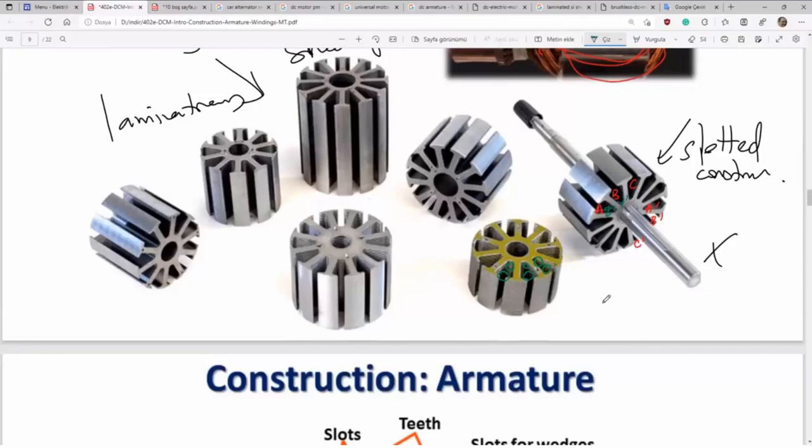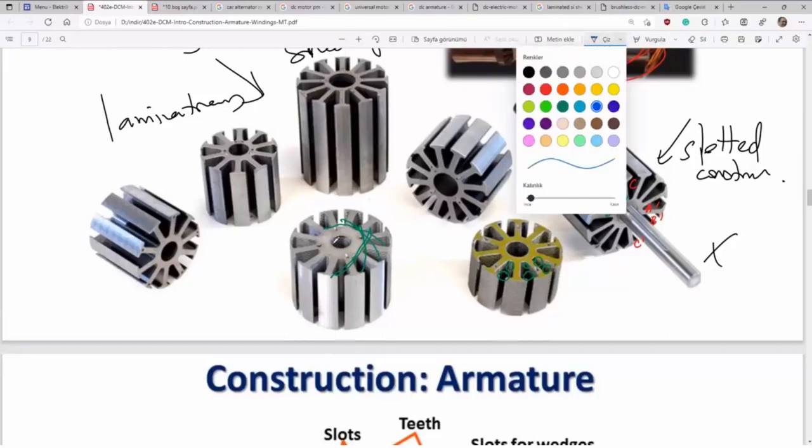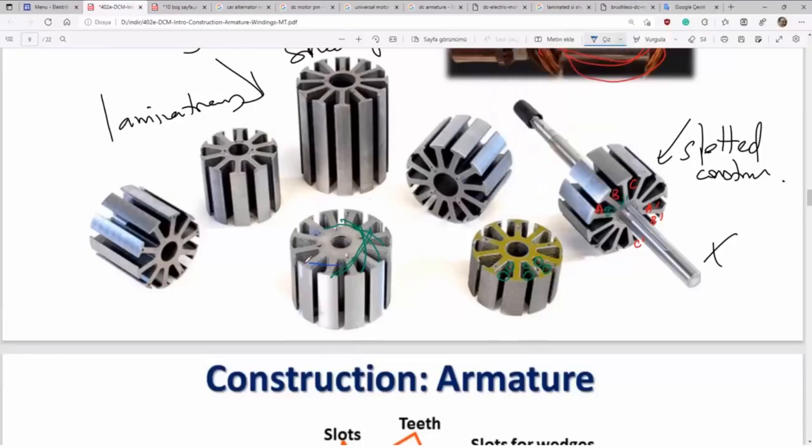Some parts will be below. I mean from here to here. From here to here. Upper to lower. Upper to lower. Upper to lower. And then some of the other coil ends will come here, down to here, down to here, down to here.